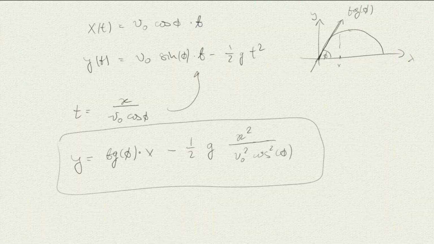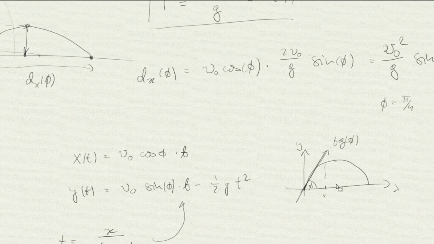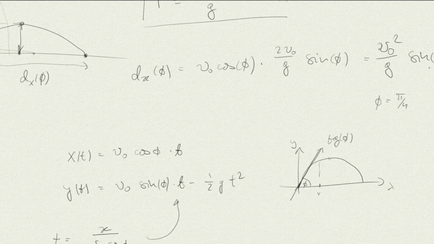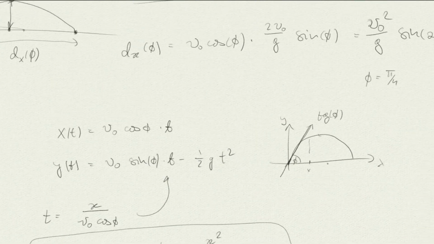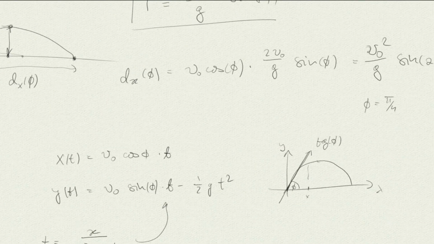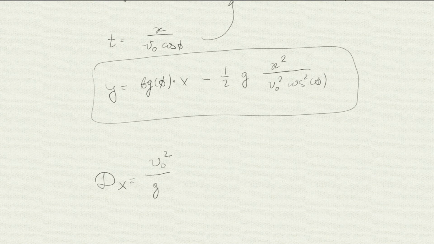So of course, when we get back here, we have seen that this is a parabola, and now we have computed the maximal range here, and so this is the x, and we've seen that, let's call dx the maximal range. And so the maximal range, we see that this is for phi equals pi quarter, so let's call this v0 squared divided by g, and maybe add it to Desmos, okay?